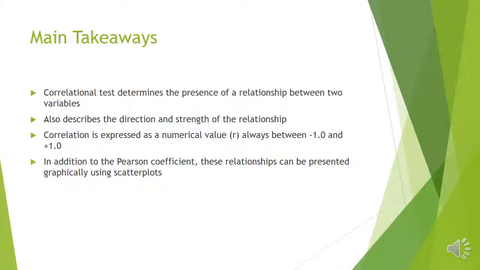If it's greater than 0, then it's a positive correlation. If our correlation coefficient is 0, that would dictate that there is no correlation between the two variables being studied. In addition to the Pearson coefficient, these correlations can also be presented graphically with the use of scatter plots.